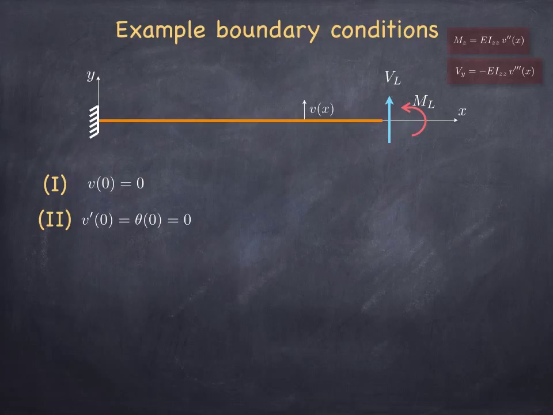For the boundary conditions on the right-hand side, we have applied resultants, and these are not kinematic boundary conditions. These are so-called Neumann-type boundary conditions. In this particular case, by prescribing a value for the shear force at position L, the length of the beam, we are, by the same token, prescribing a value for the third derivative of the transverse deflection field, because after all, we know Vy, the shear force, is equal to the bending stiffness times -1 times the third derivative of v.